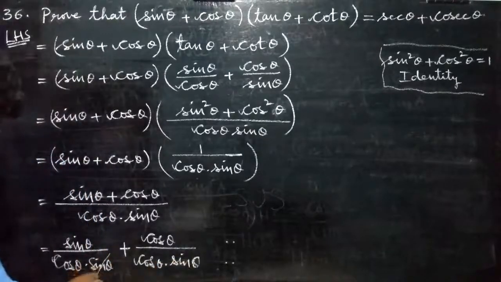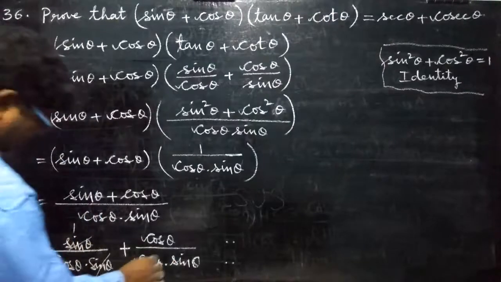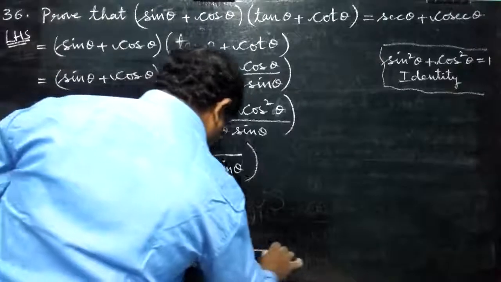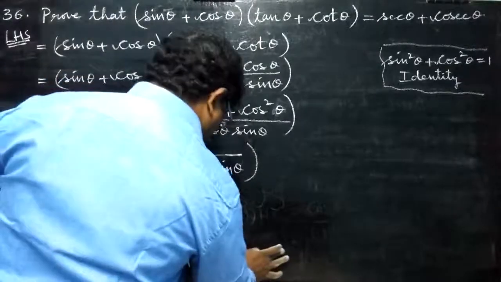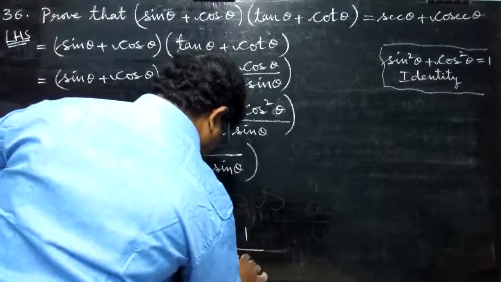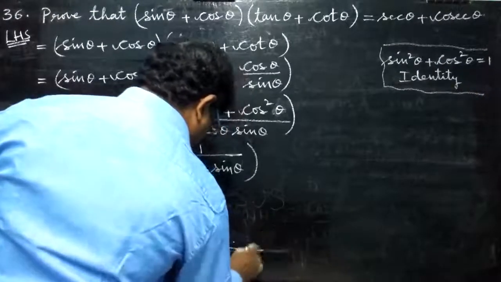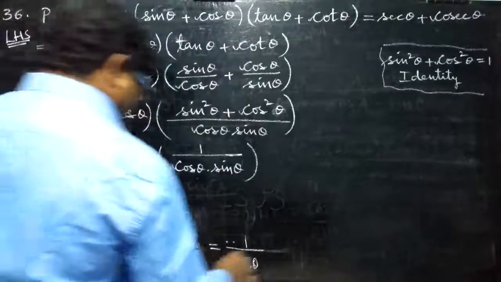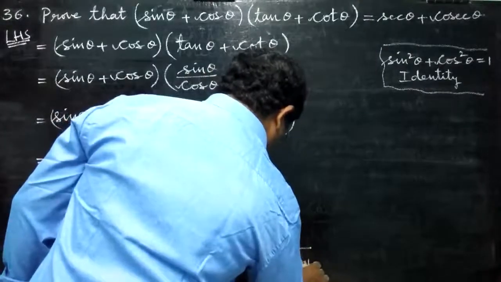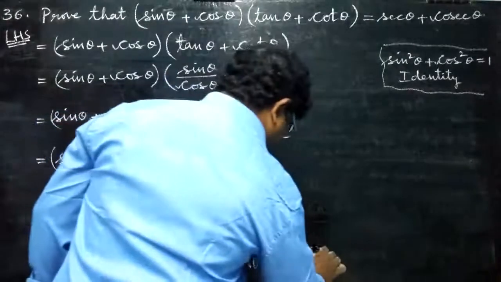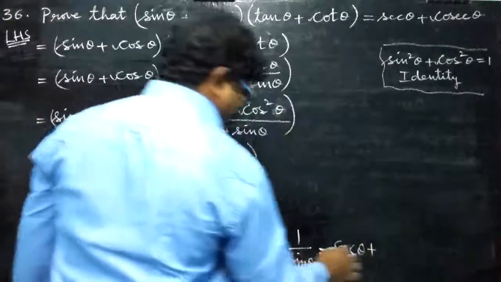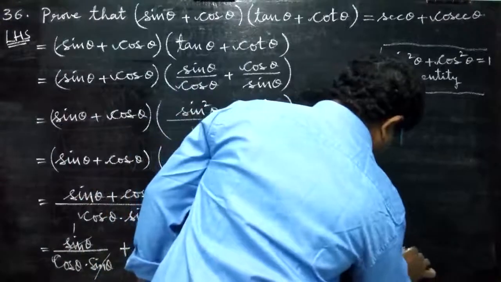Now sin theta goes in sin theta one time, cos theta goes in cos theta one time. That is equal to 1 by cos theta plus 1 by sin theta. 1 by cos means secant theta, and 1 by sin theta means cosecant theta.